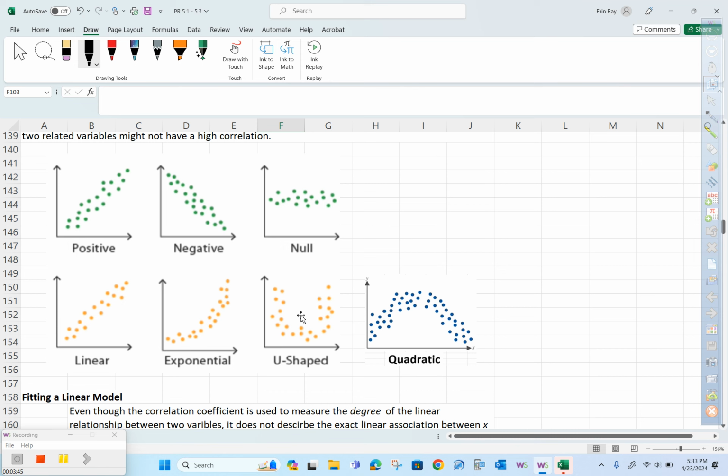But there are other models, kind of like what we talked about, the U-shaped, the parabola above. There are other models that may be appropriate. So we want to be careful when we're writing our interpretations in our sentence that we're saying no linear relationship exists for those situations with low R value, because there could be a good model, we're just not going to put a line on it.